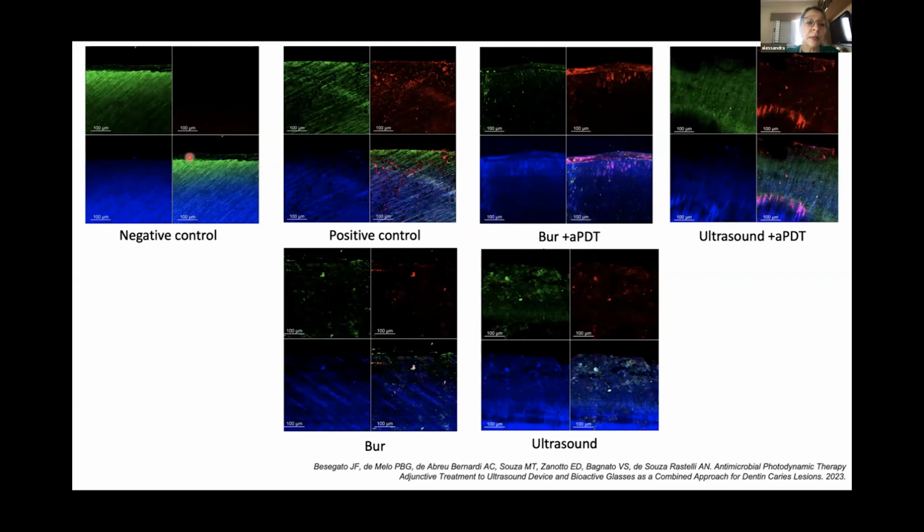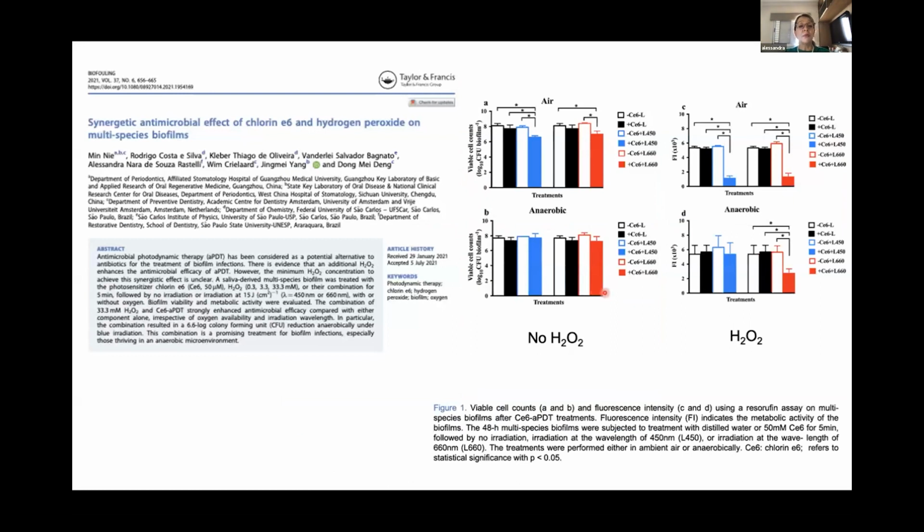We can see the negative control where there is no treatment, the positive control where we used chlorhexidine 0.2%, and then we associated the different mechanical techniques to remove the dentin, and after that to provide the decontamination of the tissue.